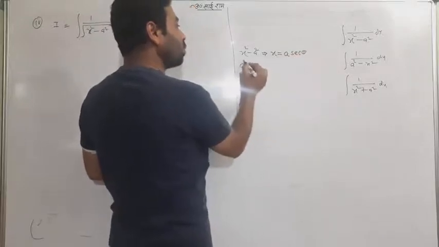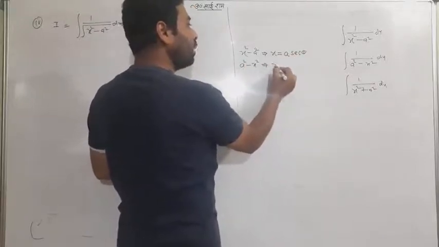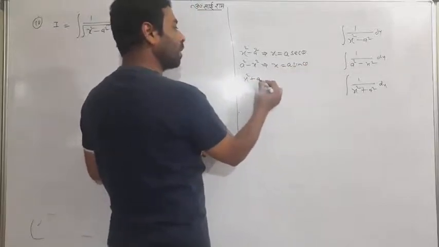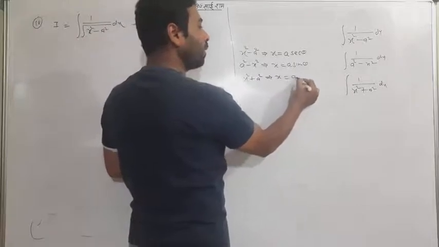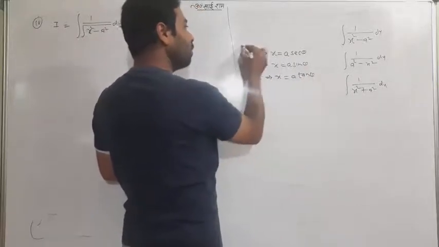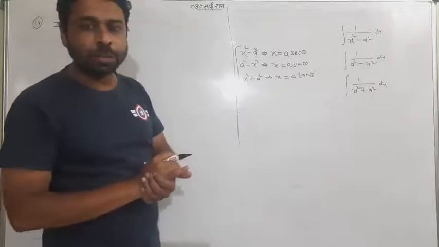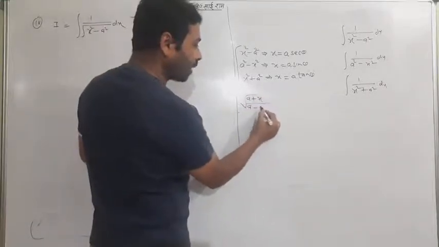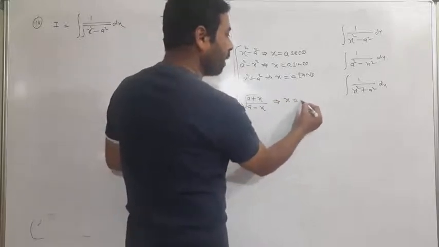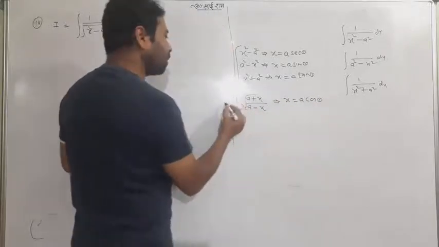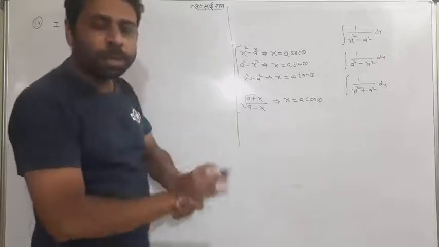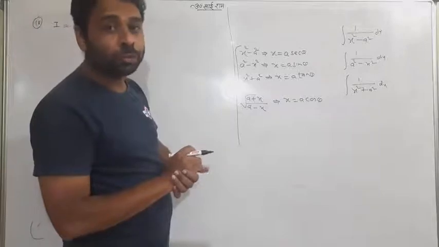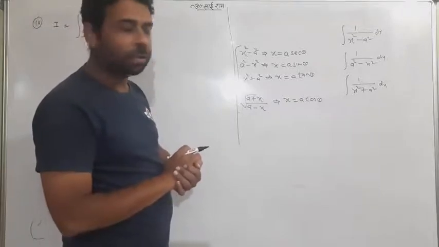If a square minus x square is coming, you substitute x equals a sine theta. When x square plus a square is coming, you substitute x equals a tan theta. Please remember them, these are very specific. One more I taught you: when a plus x and a minus x are coming, you go with a cos theta. All four are very, very important substitutions. This all came in the case of differentiation, when I taught you differentiation, then I used this.